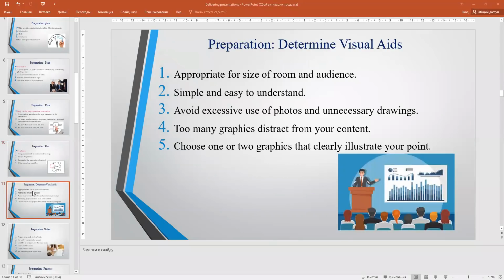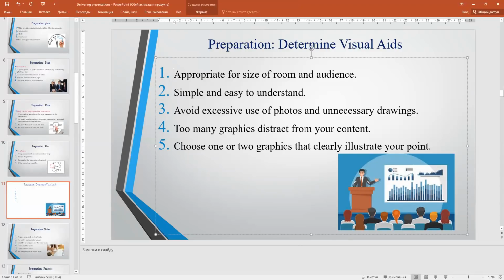Then you can see determine visual aids. Choosing a proper image for your presentation is also a key part of your presentation process. While selecting such kind of visual aids, you should notice the following rules.